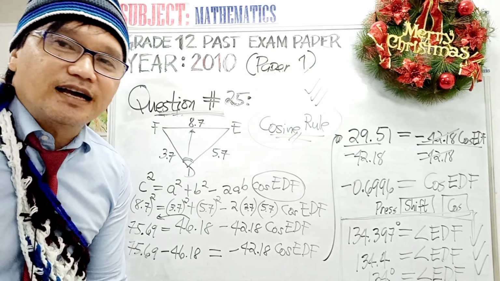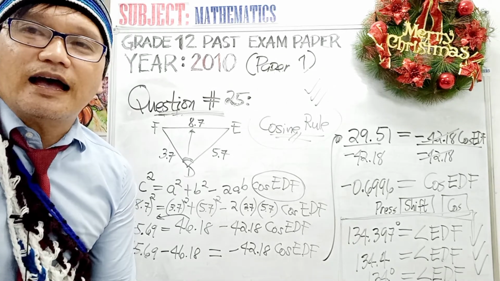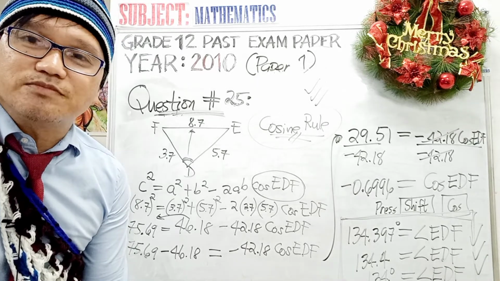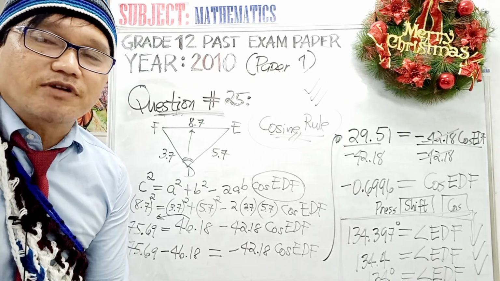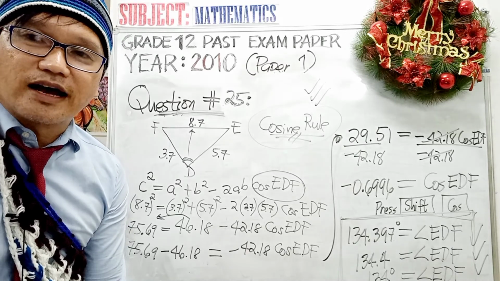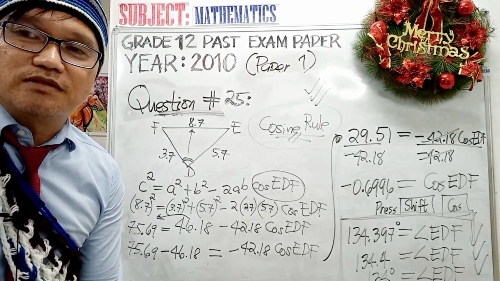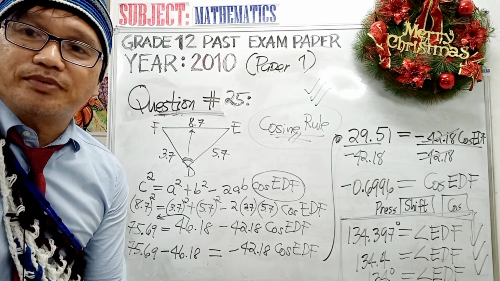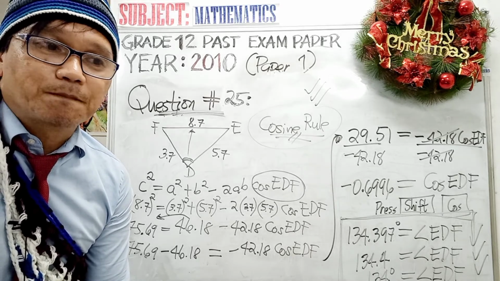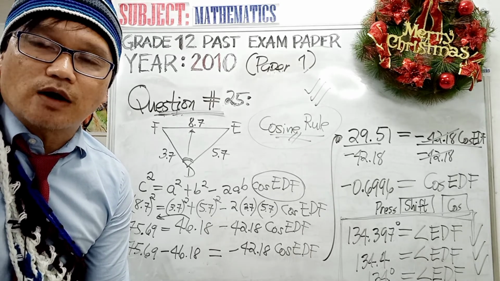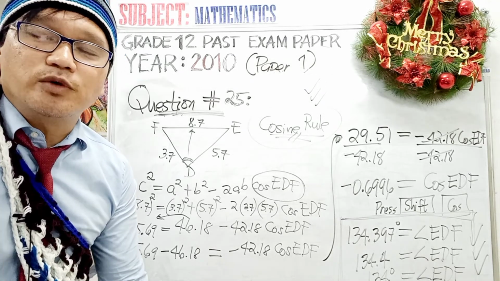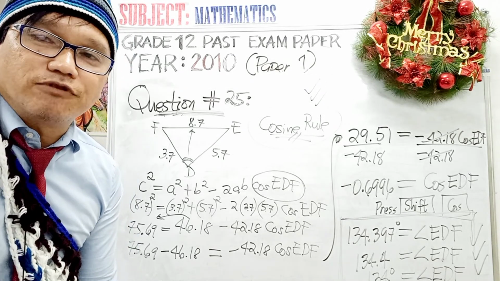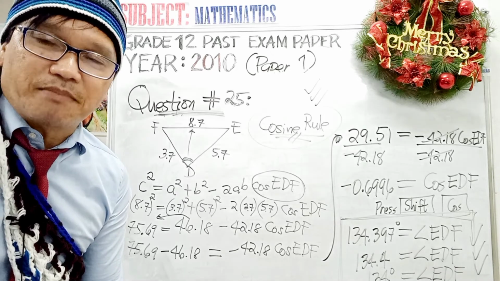Now remember to always have a relationship with the subject mathematics, because mathematics is a very important subject in our lives. If you are not good at maths, you will be crippled and you will not know how to deal with numbers. So it will be an advantage for you if you are very good at maths.